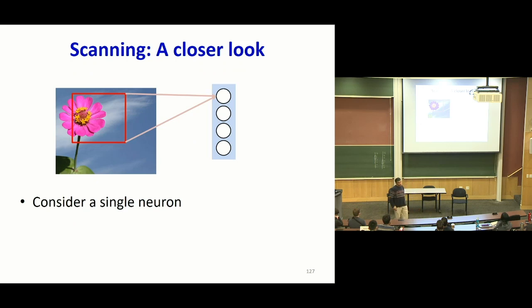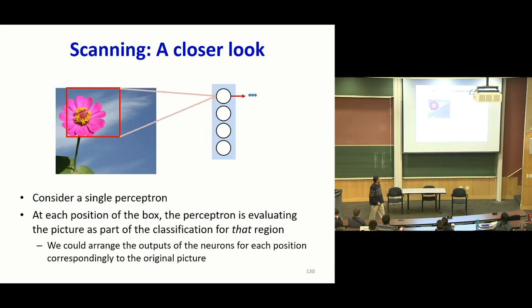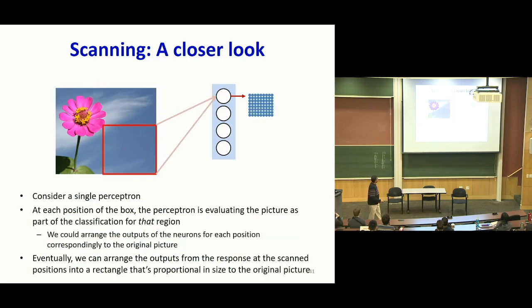If I take a single neuron and then I scan the entire image with that one neuron, like so, right? I'm going to get an output for the neuron for every single location in the image. I get basically a map of the image as computed by that neuron.